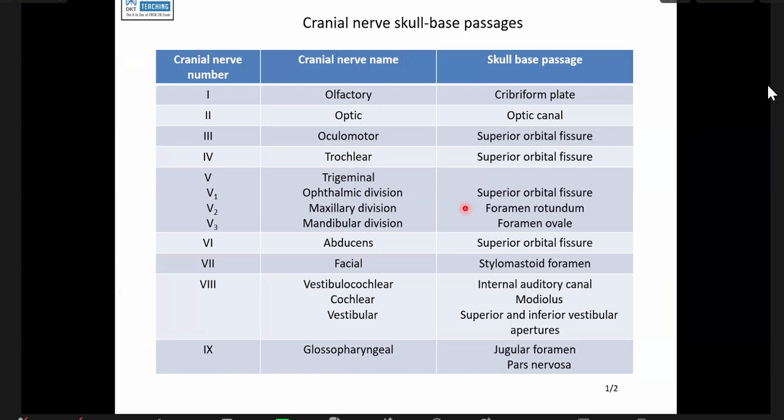One way is, if you want, you can take a screenshot of this. Of course, it is freely available on Google also, or in any textbook. The cranial nerve numbers are here and which foramen they pass through. So this concept is extremely important, and I cannot emphasize it more, particularly vis-a-vis base of skull.